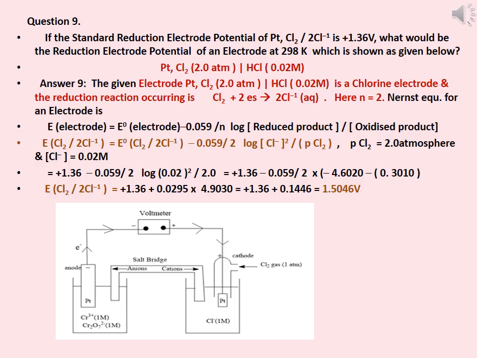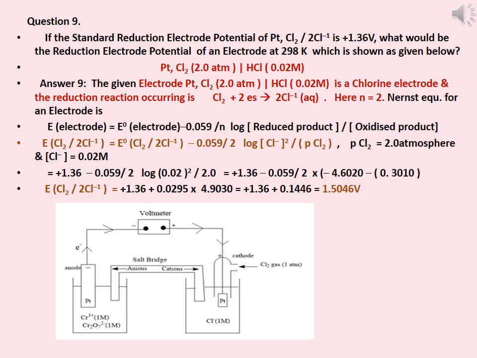Now, the general Nernst equation for an electrode is given as E electrode is equal to E naught electrode minus 0.059 by n log of reduced product divided by oxidized product.